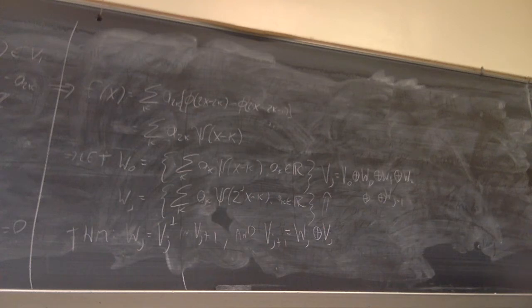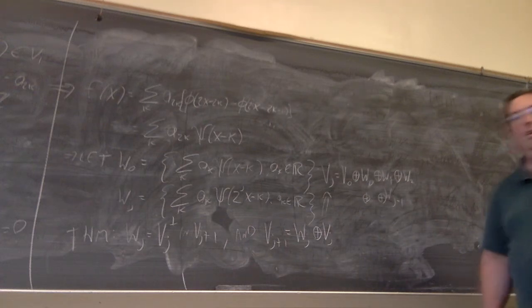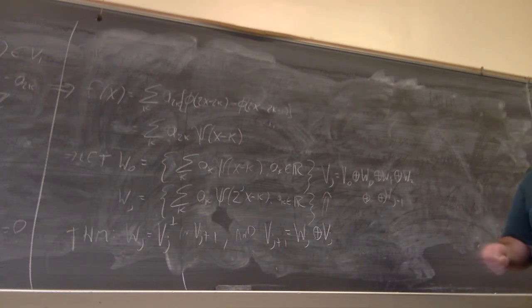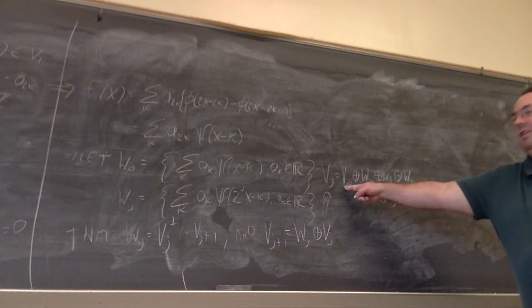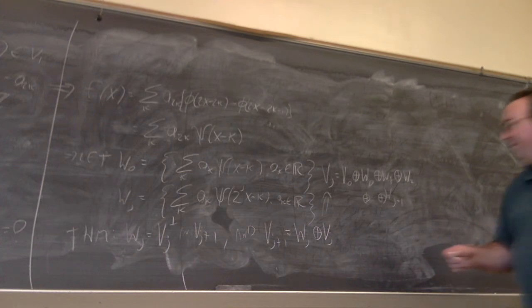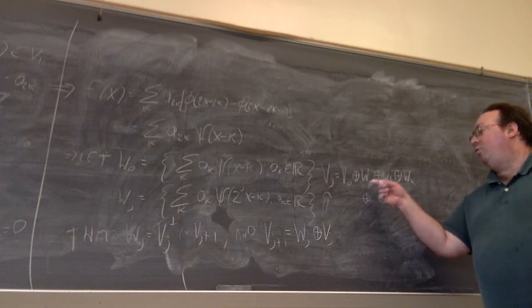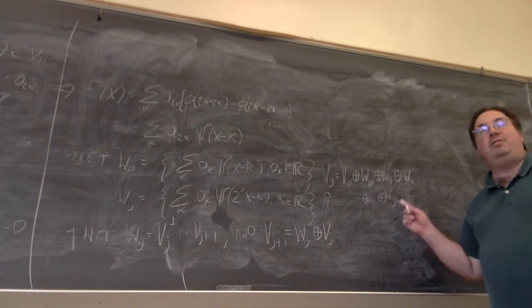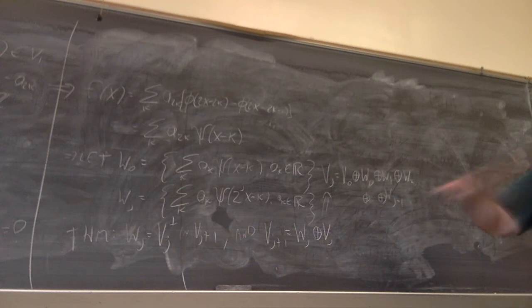So any function in Vj can be written as a unique linear combination of functions orthogonal to each other, one of them being at the lowest resolution, just a combination of a scaling function without any dilation, and then combinations of wavelet functions at varying resolutions, starting from the lowest resolution up to just stopping short of Vj.